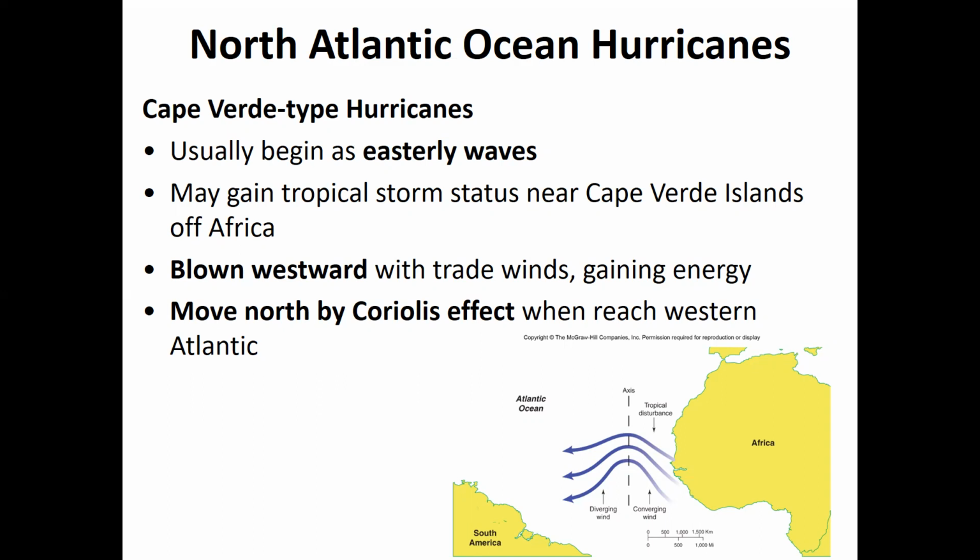It may gain tropical storm status near the Cape Verde Islands off Africa. That's why it's given that name. It's blown westward by the trade winds that blow from east to west, and it gains energy by moving across the warm Atlantic Ocean. And then it is directed north by the Coriolis effect.